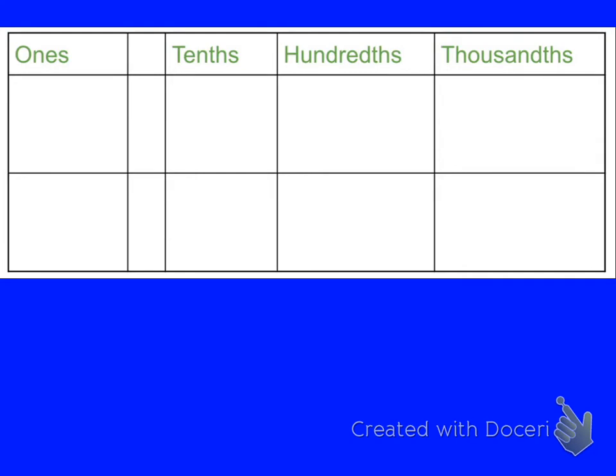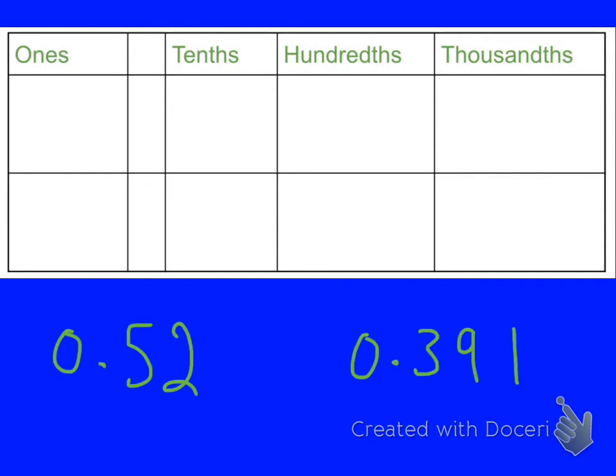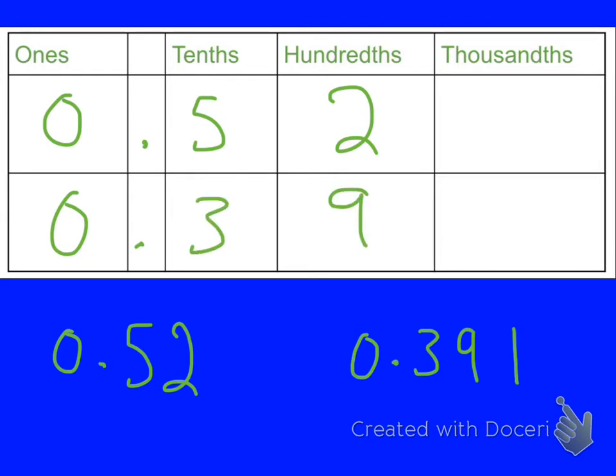Another way you can compare decimals is using a place value grid. So let's say we're comparing 52 hundredths compared to 391 thousandths. So if we just put these numbers in the grid here, we look at the biggest place value first, which is the ones place. Can we determine from the ones which number is bigger?